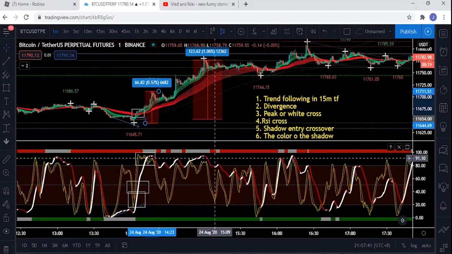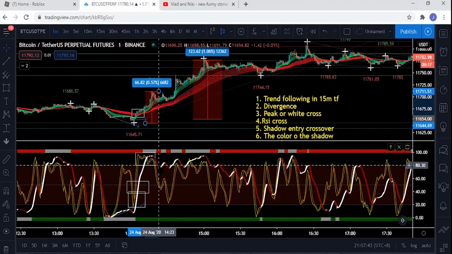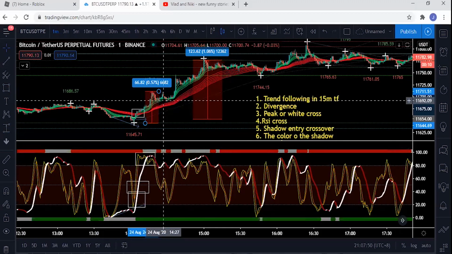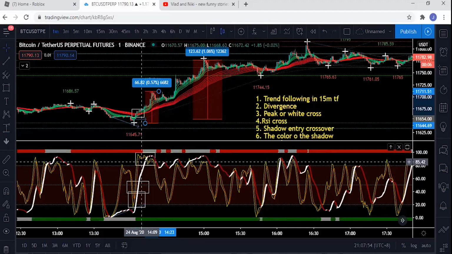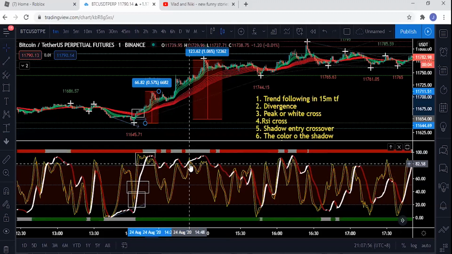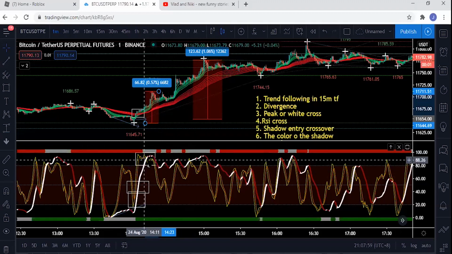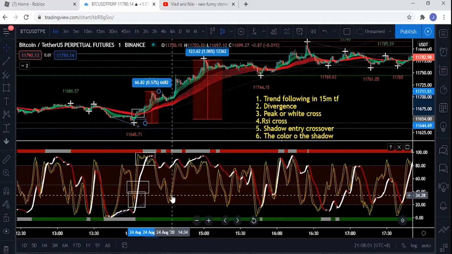But then, as you can see in our 15 minutes time frame, our trend is still bullish. So you can hold your position. And then when you see the position of our shadow in our 1 minute, it is still not going down below 50 RSI, meaning to say we are still going up.